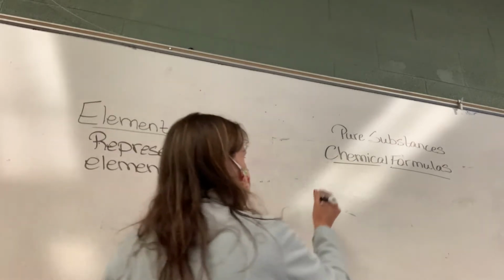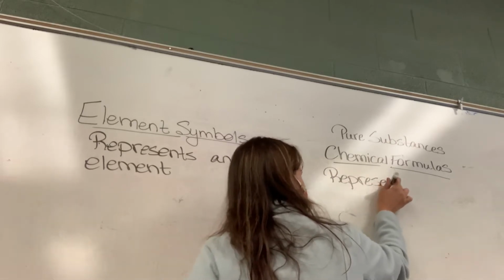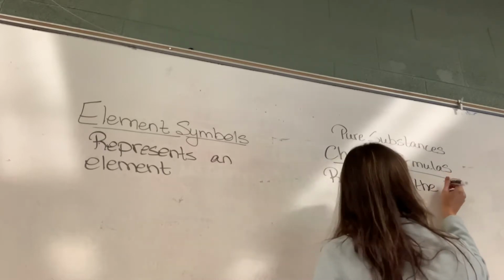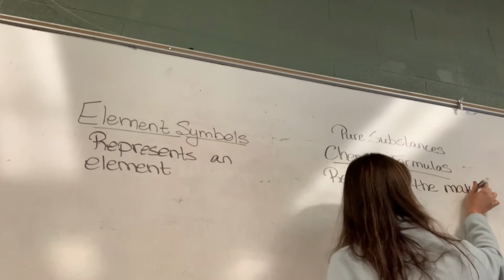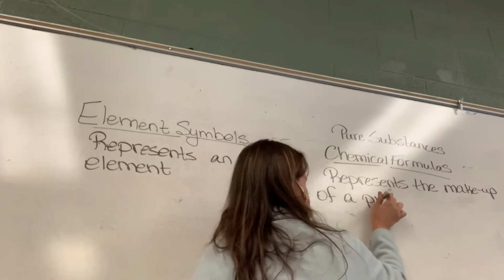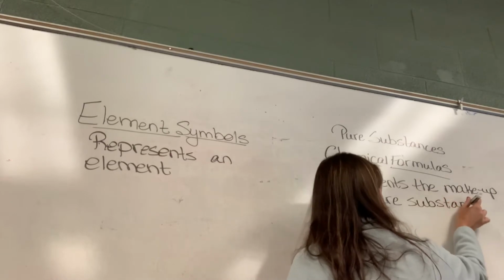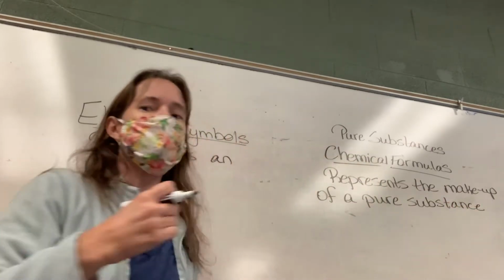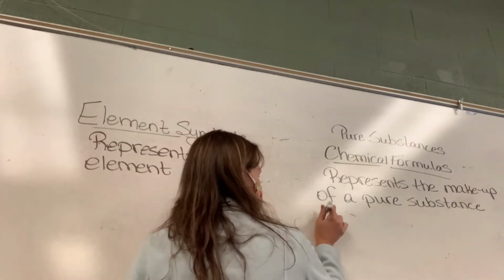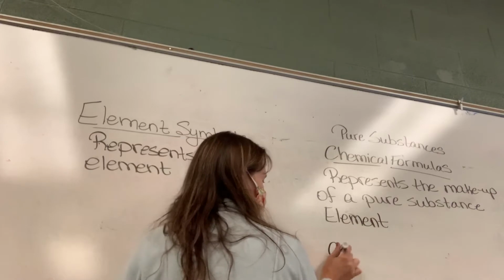Chemical formula, it represents the makeup of a pure substance. And each pure substance has a chemical formula. And so elements and compounds.